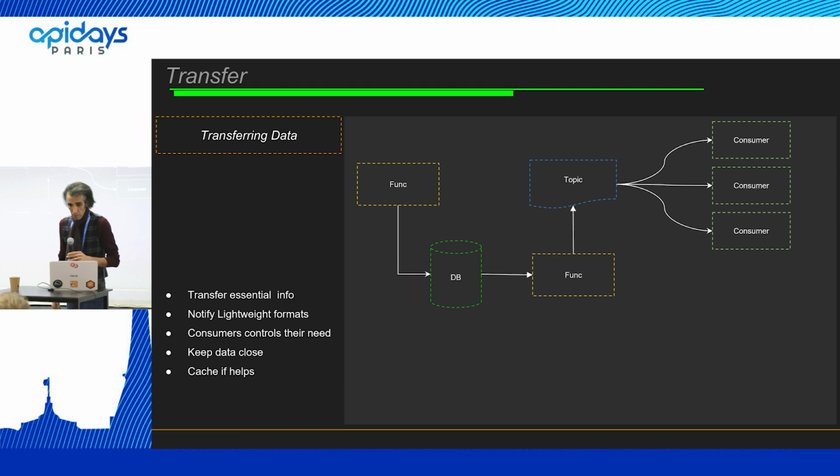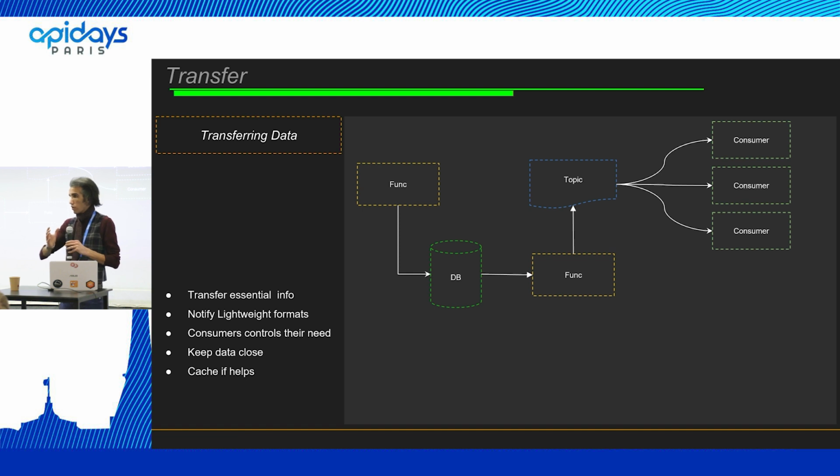So let's say we will trigger you. We will process something. We will change our data or entities, database, any kind of data storage, and behind that we will push an event. So we will transfer essential information. We will notify in a lightweight format.